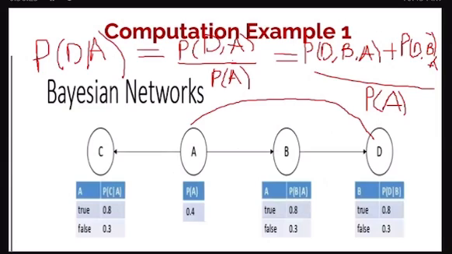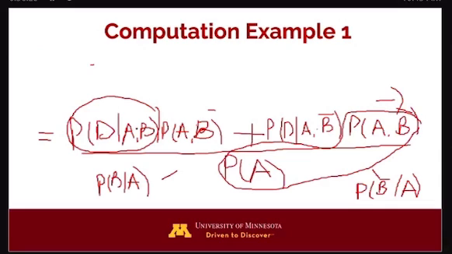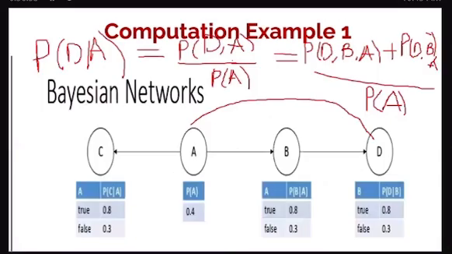The probability of D given A B. Before I get to A, we're looking at the connection between D and A. Before we get to A, we first get to B, which means the child is much more connected to B than to A. Does that make sense?